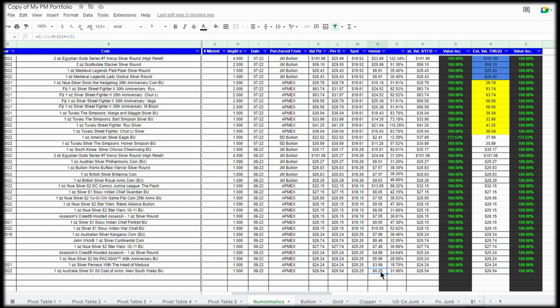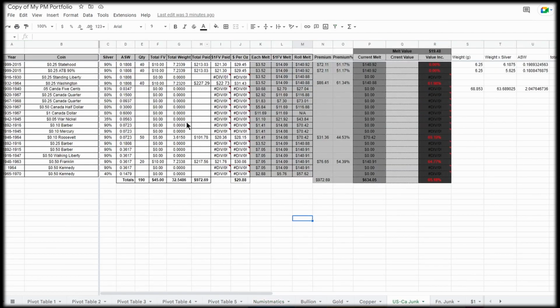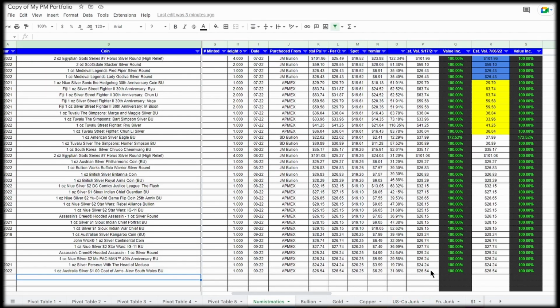That gives us a premium of $6.29. That's 31% premium. So the question is, would you rather stack something like this with less premium, or would you still prefer to stack junk silver where we know the premium is this? I don't know. That's the decision you have to make.